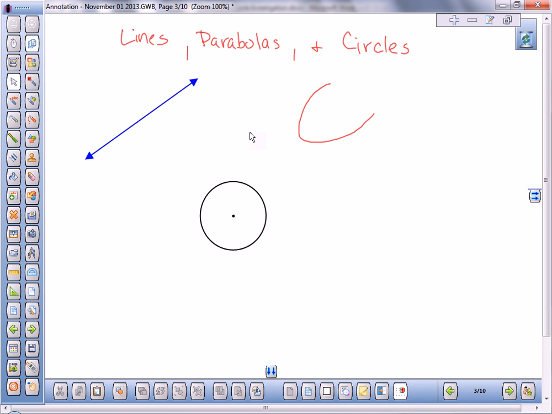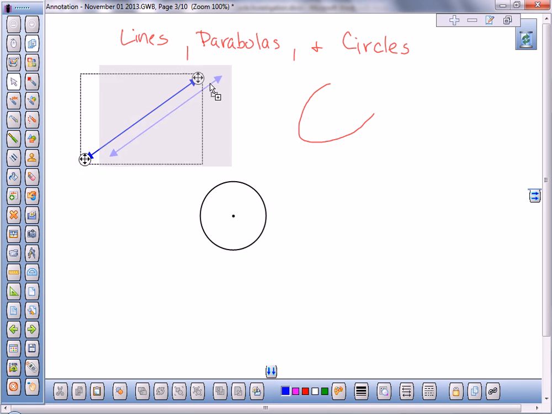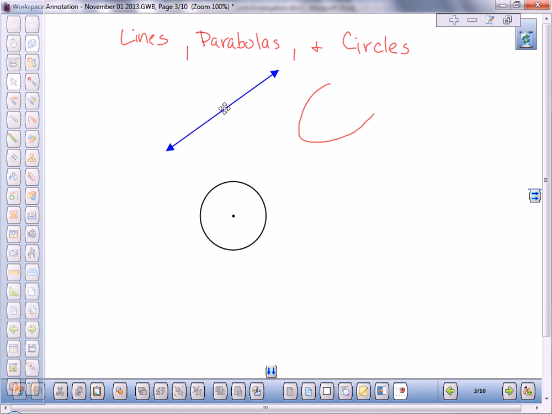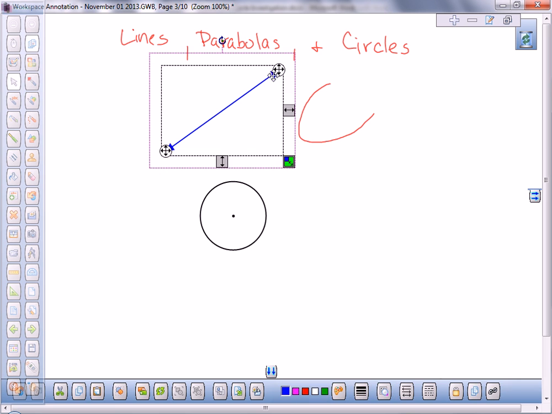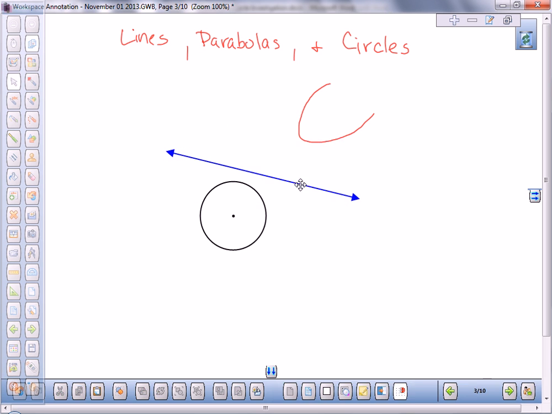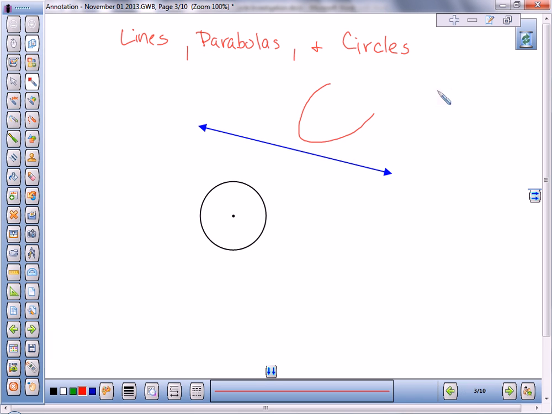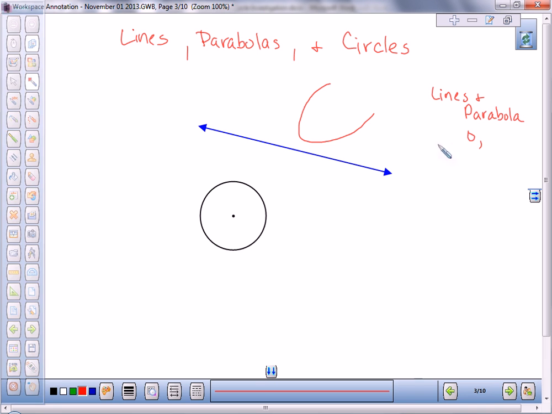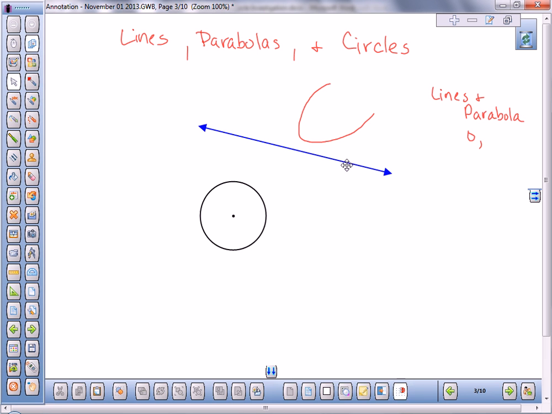All right. If we had a system that involved a line and a parabola, how many solutions are possible? 2. Okay. Well, right now, how many solutions are there on this graph? 0. So between a line and a parabola, we could have no solutions, or is it possible for it to touch in one point?